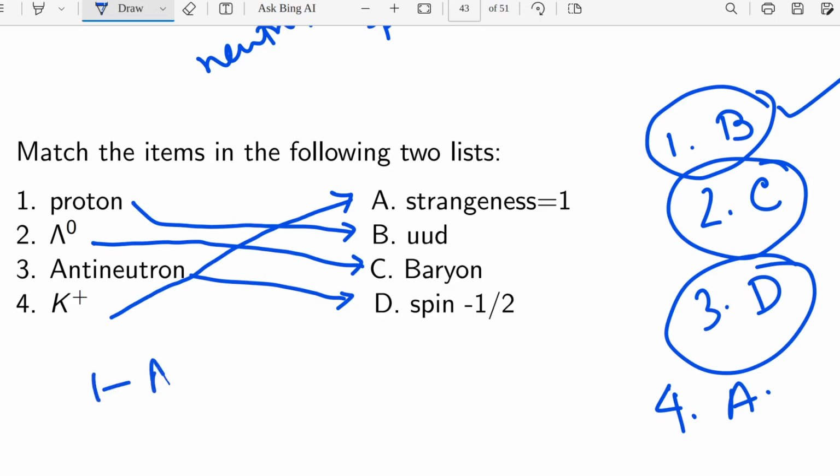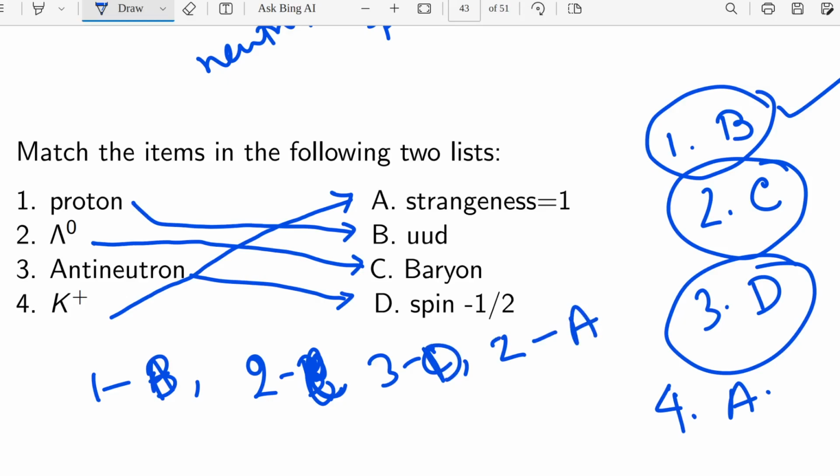So 1A, 2B, 3C, no, 1B, 2C, okay, and 3D, 2A, 4A, sorry, 4A, 4A. So this is the right combination.